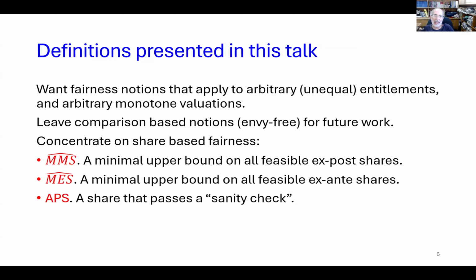And we'll also see the any price share, APS, which is a share which is not meant to be an upper bound, really a share that you could possibly want to use in the sense that it passes a sanity check. It looks reasonable under some sanity check that I'll discuss. So these are the definitions presented in the talk. Later, we'll also mention some results.